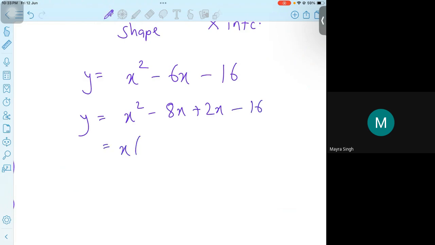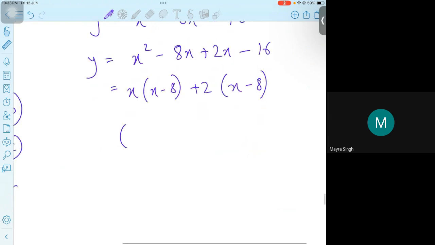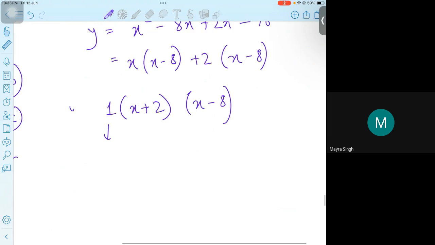So you have x(x - 8) plus 2(x - 8), and if you get this, you're left with (x + 2)(x - 8), where there's a 1 in front of it. So this gives us the shape of positive, and these two give us the x-intercepts.